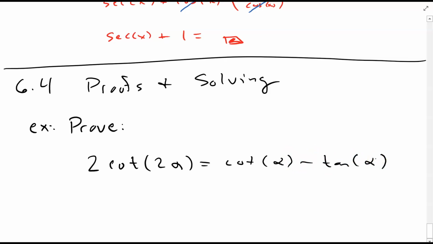So let's say we wanted to prove 2 cotangent of 2 alpha is equal to cotangent alpha minus tangent alpha. Which side would you work on here?